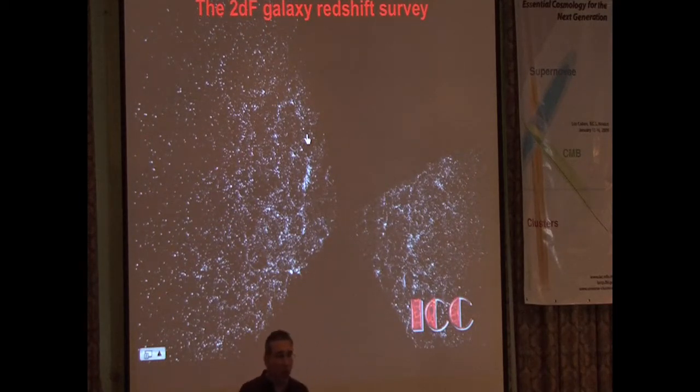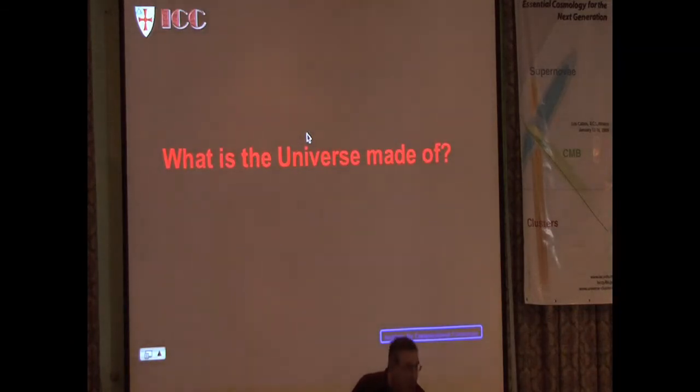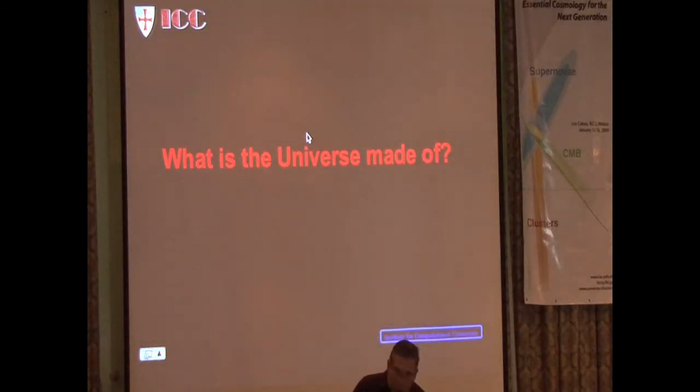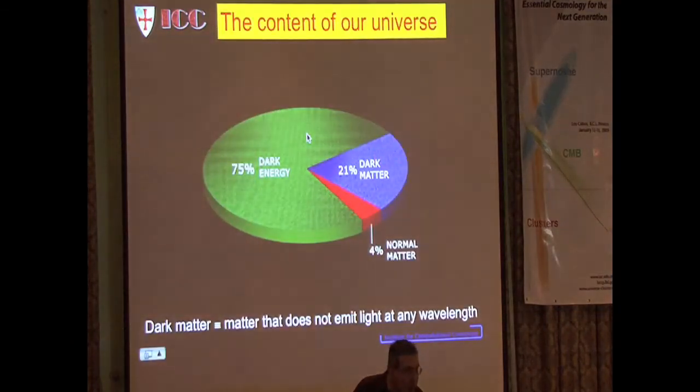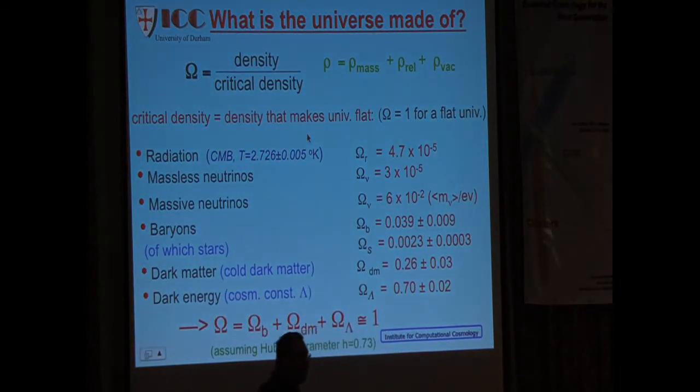And as I'm sure all of you know, the very exciting development in cosmology of the last 25 years or so is the realization that all this structure comes from quantum fluctuations in the early universe. Now, Chung-Pe told you what the universe is made of and showed you this famous picture. I've collected some numbers here because, in fact, in addition to dark matter, dark energy, and baryons, the universe does contain other things.